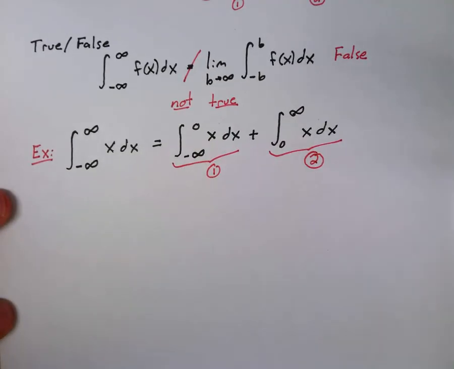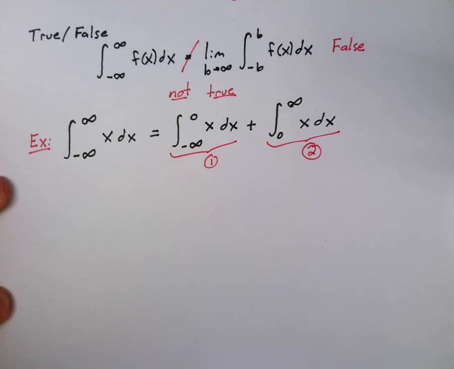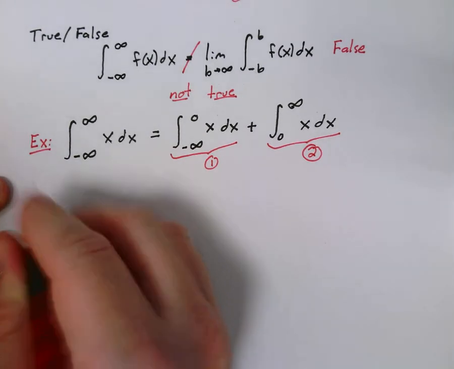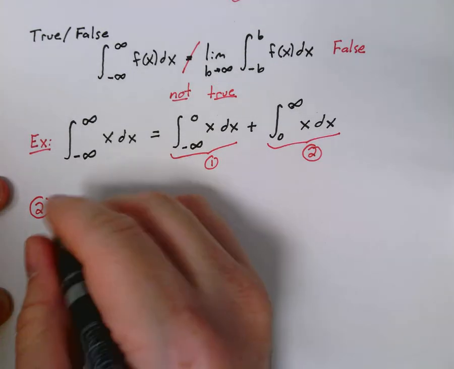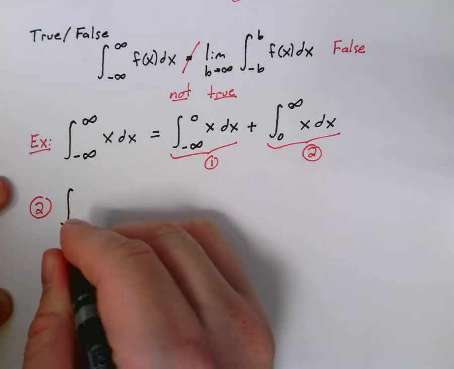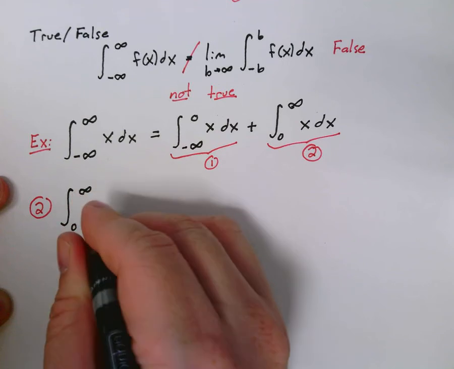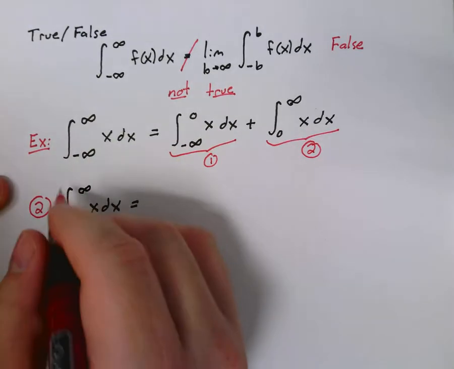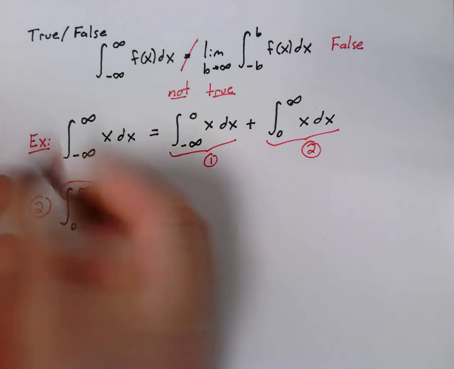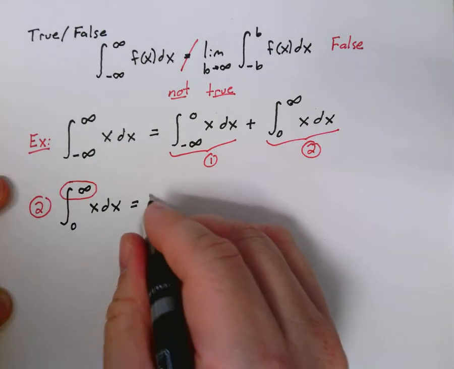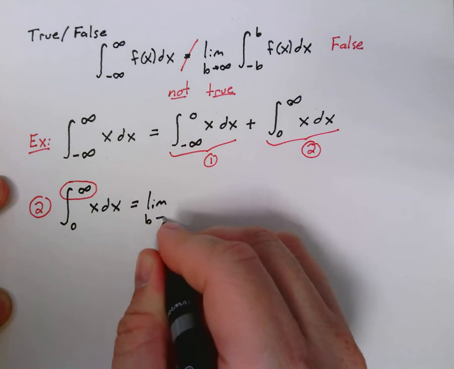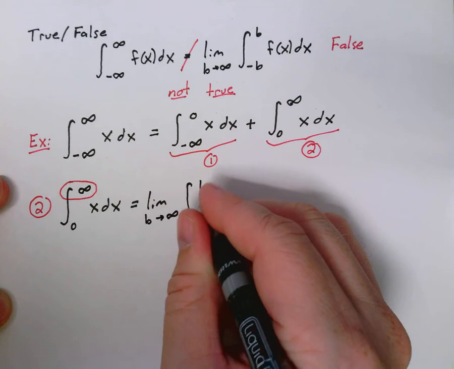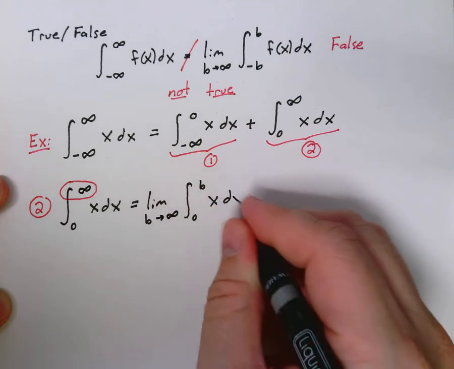Now let's look at the second integral first. The second integral says that I'm going to integrate from 0 to infinity of x dx. Just like we did from the very beginning, let's split this guy up. That's going to be equal to the limit as b goes to infinity of the integral from 0 to b of x dx.